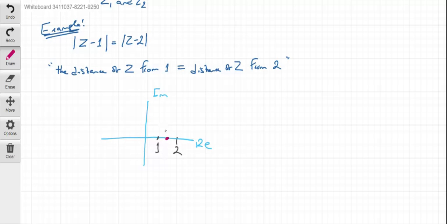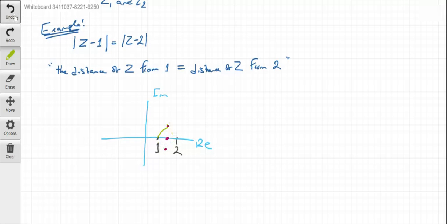What if I went right above or right below this point over here? These are also two possible points that fit the criteria. The distance of this point from 1 should be equal to the distance of this point from 2. Likewise, the distance of this point from 1 should be equal to the distance of this tiny little red dot from 2.